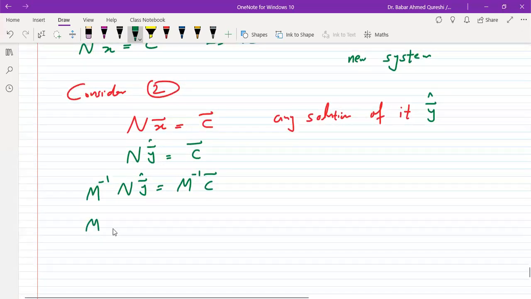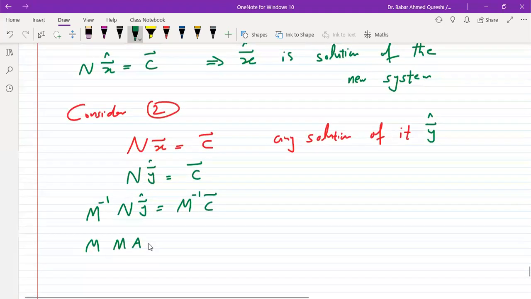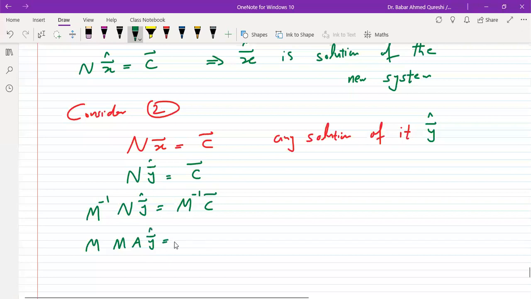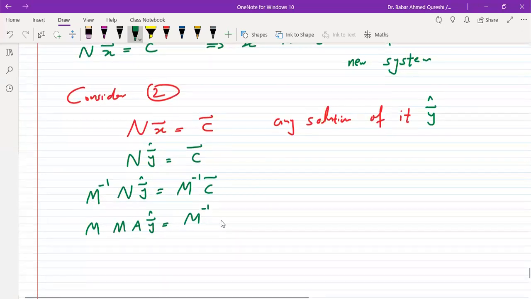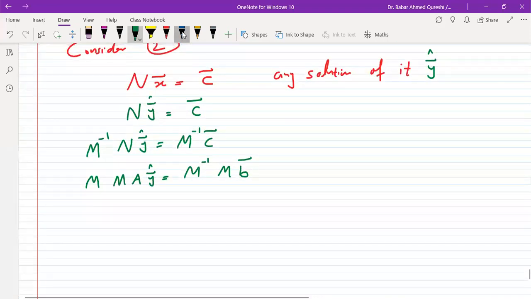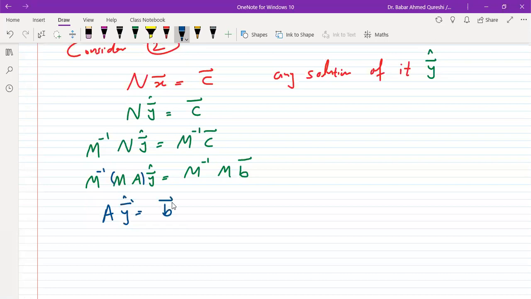But N was just M times A. And C was just M times B. And because of associativity, these two cancel. It's the inverse of M, so I get this. Which implies that this y hat is also a solution of 1.